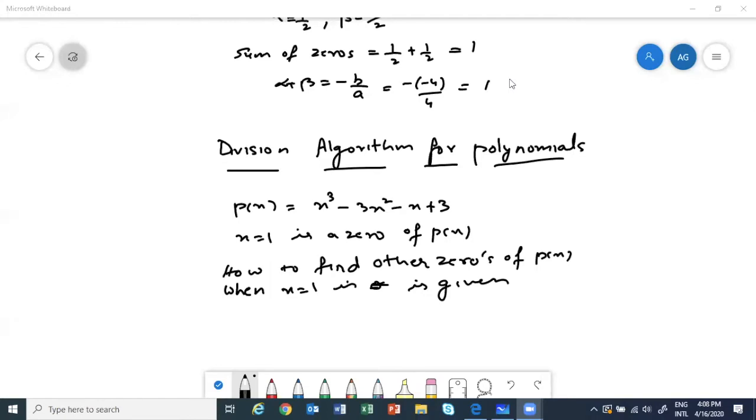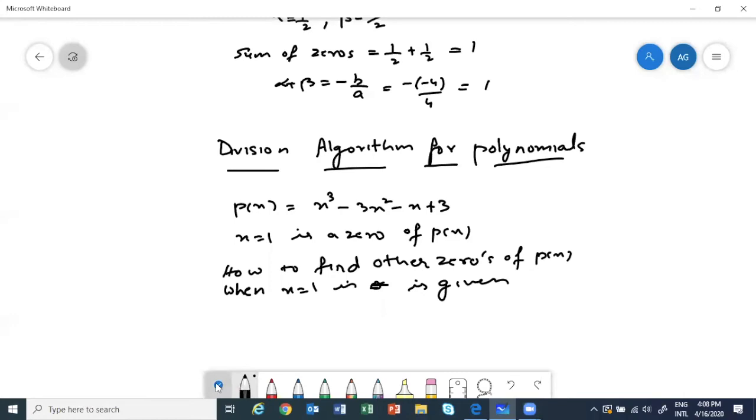Yes. What we'll do? Just no need to calculate. Just tell me what will be the method. Okay, I can't see any answers. So let me do. See? We'll do long division by what?